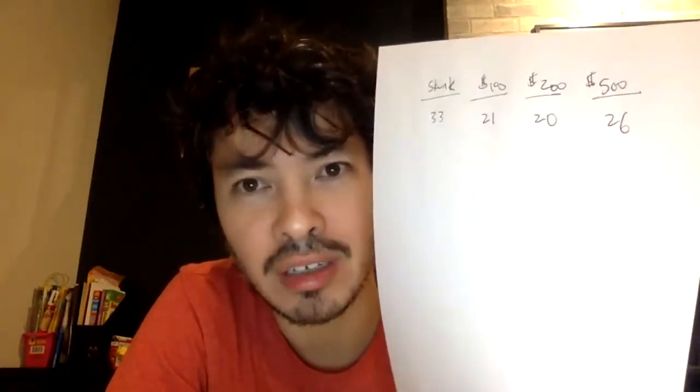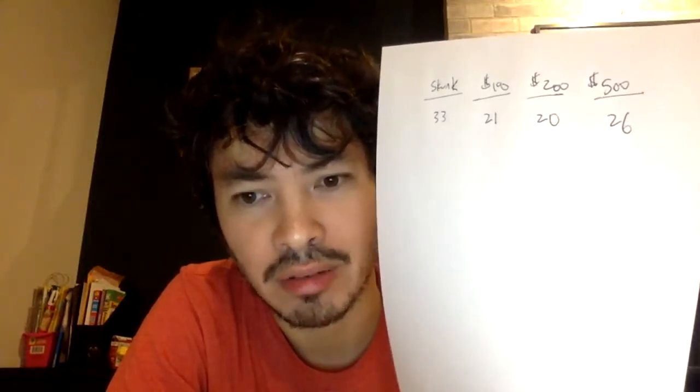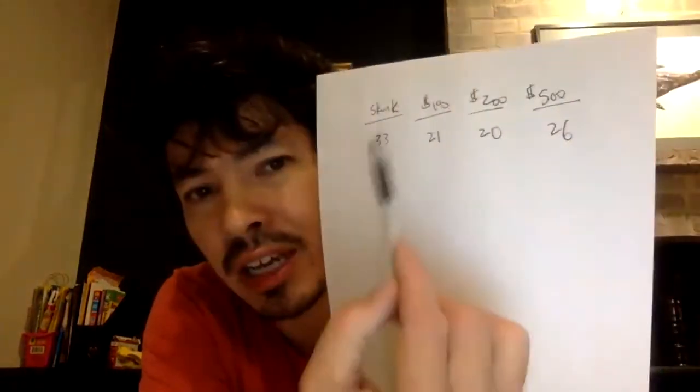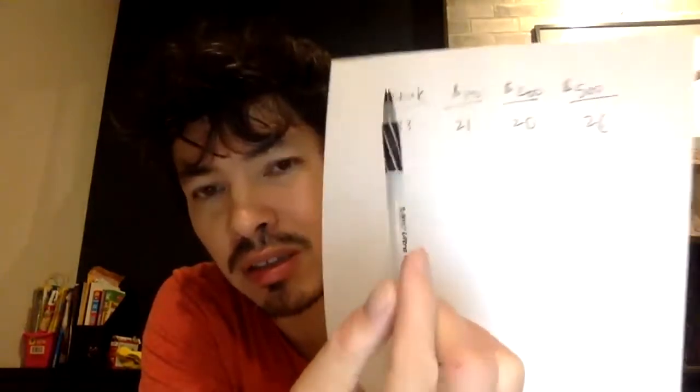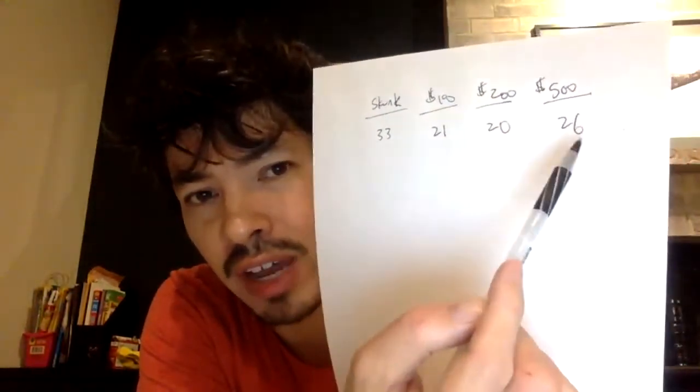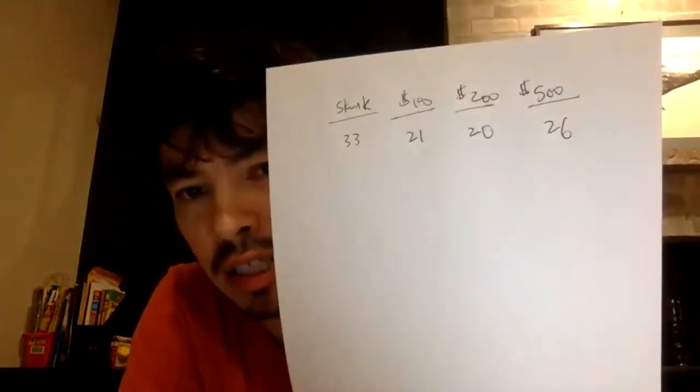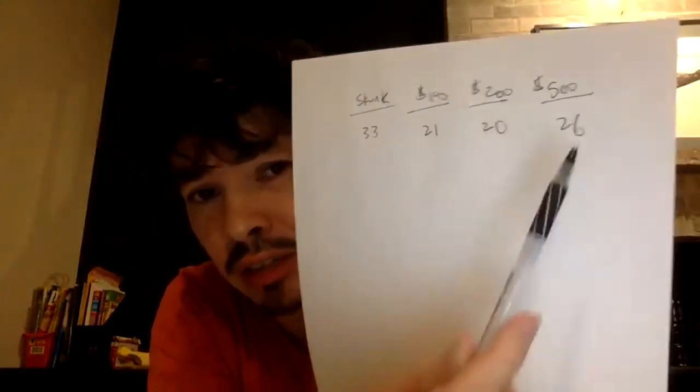So is this wheel weighted or something? Are they equally likely? The possibility you get a skunk or win 500 or win 100, are they all equally likely? This is what we observed, right?